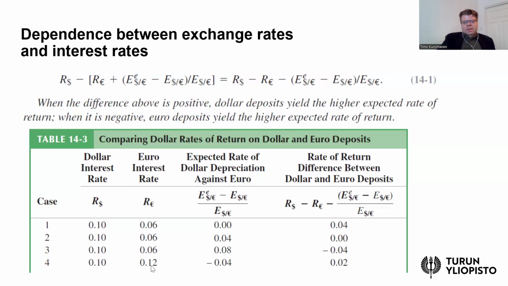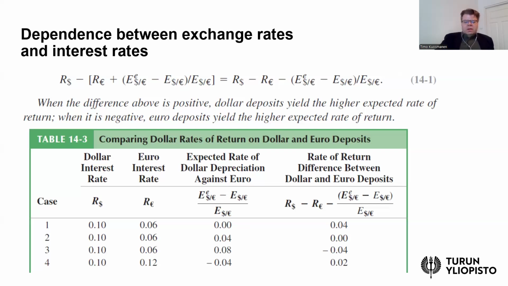Let's suppose the first case: the US bond yield is 10% and the German bond yields 6%. If we do not expect any appreciation or depreciation of the dollar against the euro, then obviously the investor would choose the US government bond, which has a higher rate of return.